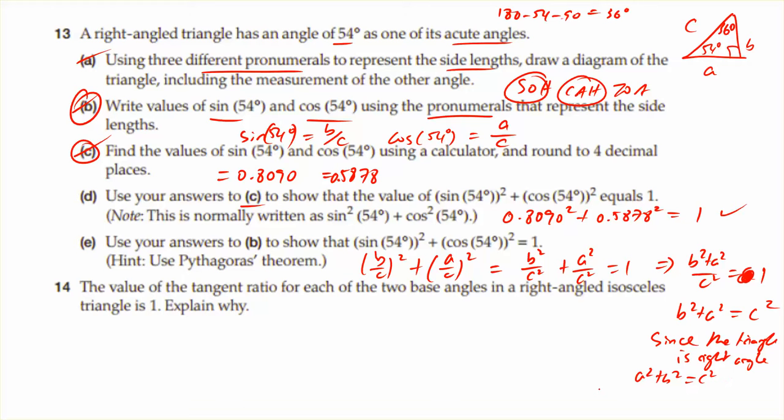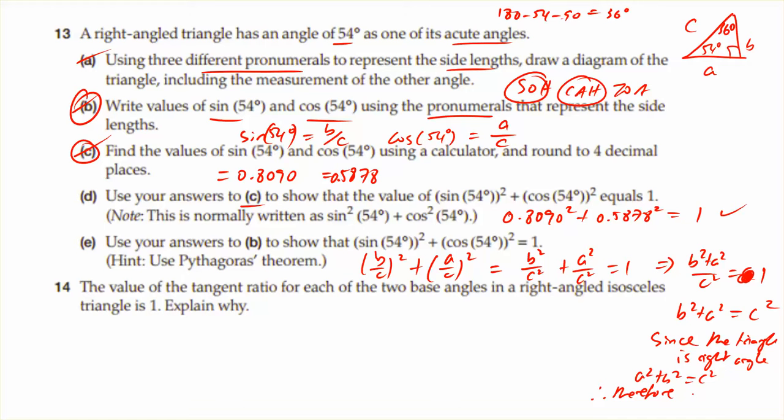So therefore, when we rearranged it, we've actually proven that this is true. So by virtue of Pythagoras' theorem, sine 54 squared plus cos 54 squared happens to equal 1.